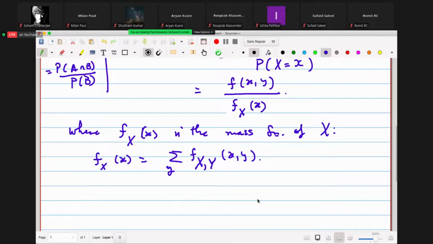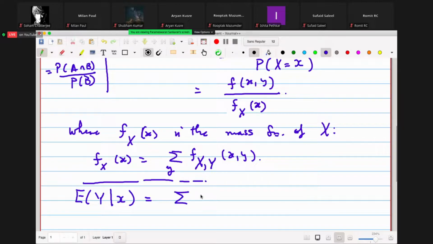And we commented about this: the expectation of Y given X equals x can be computed.